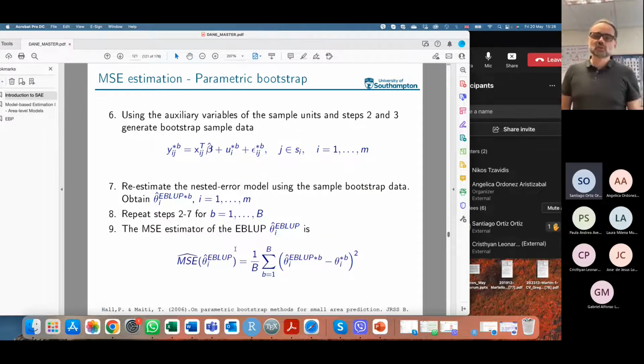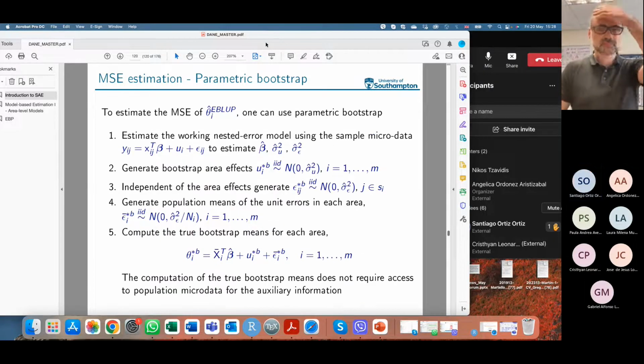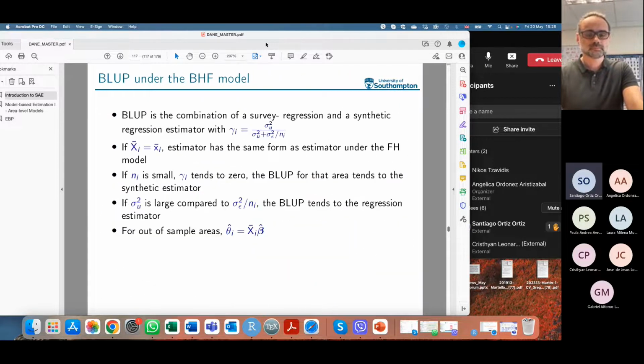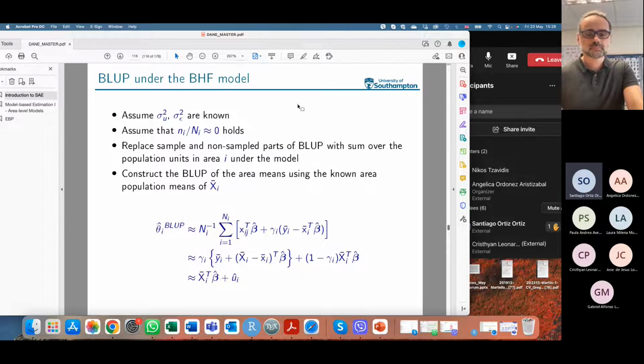Okay, so what else? Because I have a question. Yeah, sure. So in the previous slide, we saw that to estimate the EBLUP estimator, we use the sample, and also we use a synthetic covariates that we create, right? And we weight that with this gamma parameter.